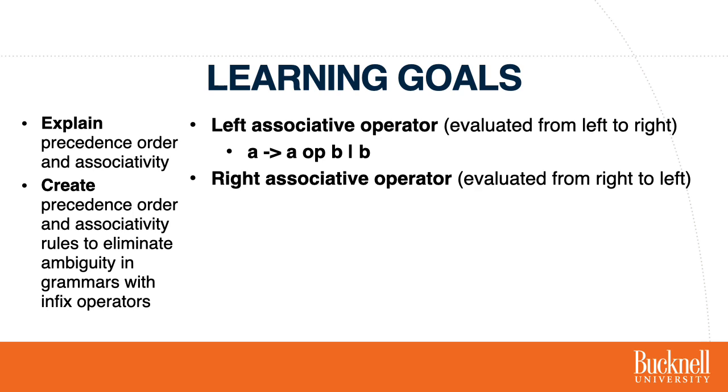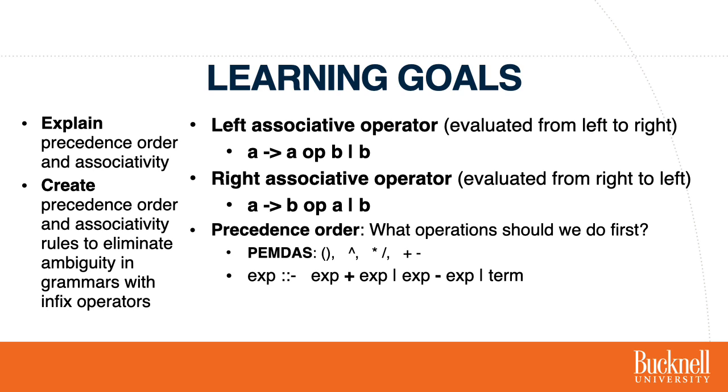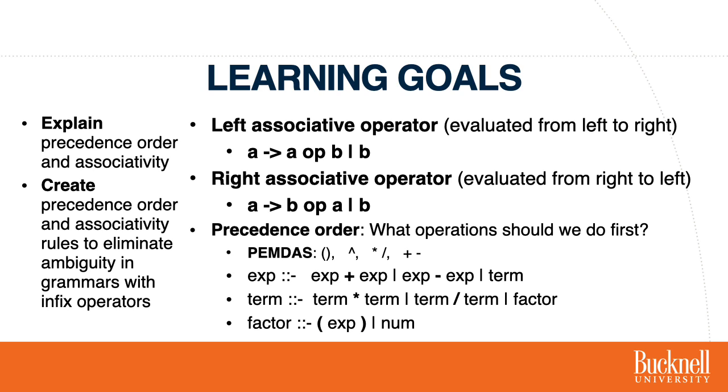Conversely, right associative operators can be implemented using a rule where the operator on the left-hand side is of a more specific type. Precedence order: what operators should we do first? We can appeal to PEMDAS here and implement several different rules for the different orders of precedence.